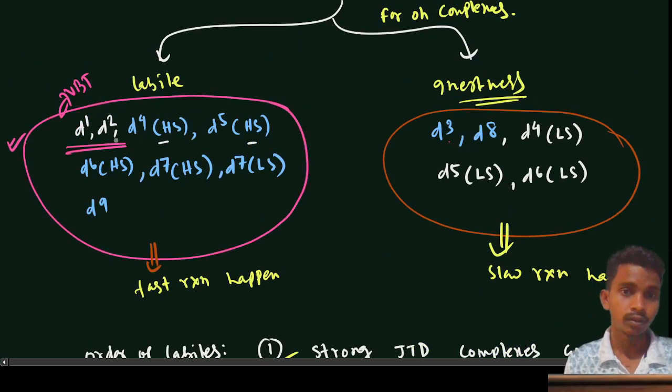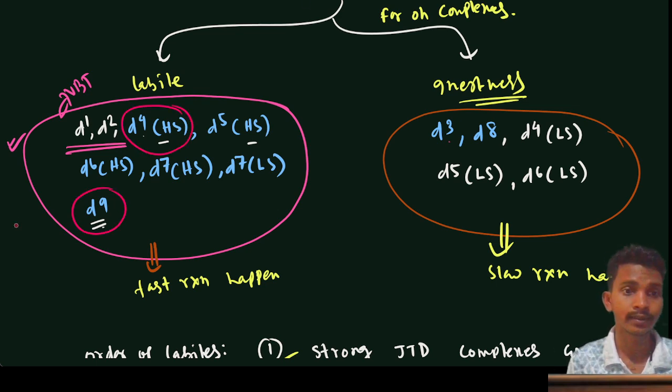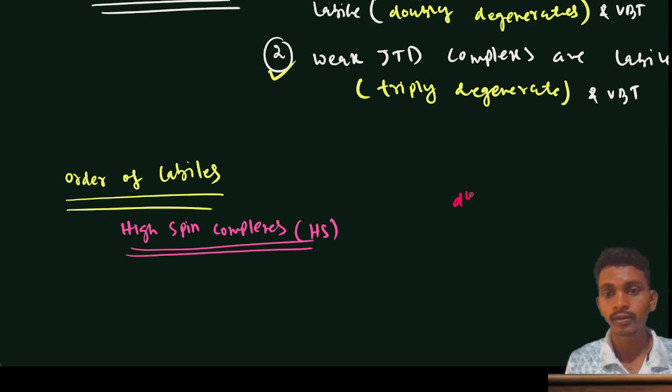If I look at high spin complexes, then we see here that labile ones are D9. For D9 there is double degeneracy, so this is highly labile due to JTD. Also D4 has double degeneracy.